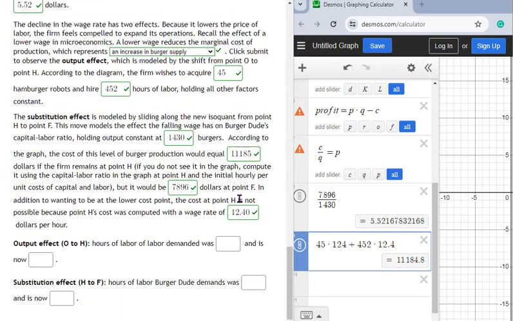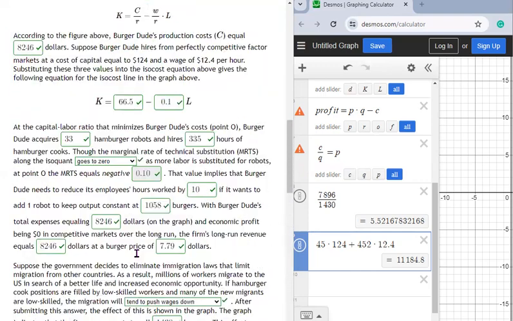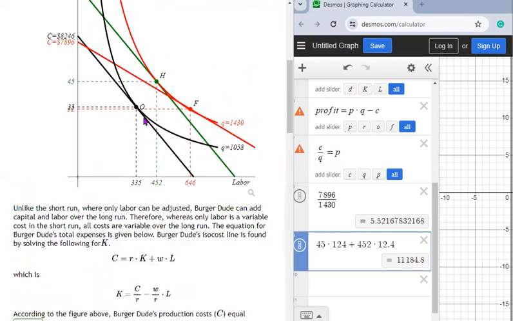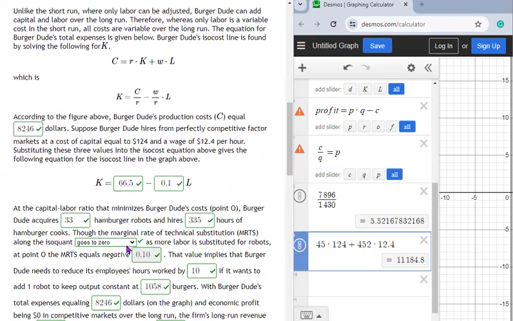All right. Now the output effect is what labor demand does from the original optimal solution to the hypothetical optimal solution, right? What did labor demand do? Well, if we were to go from point O to H, labor demand would start at 335.